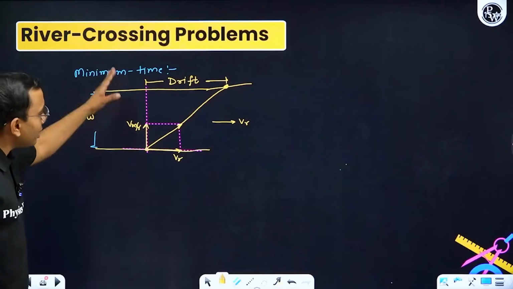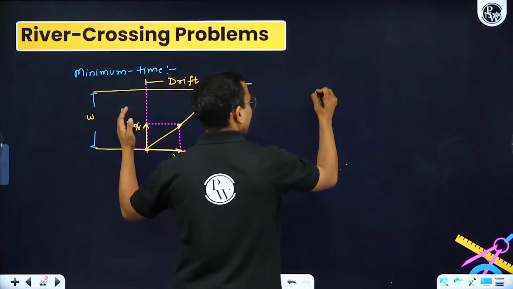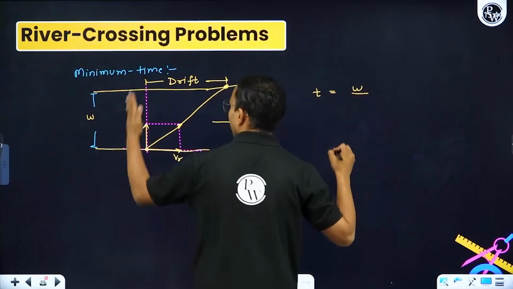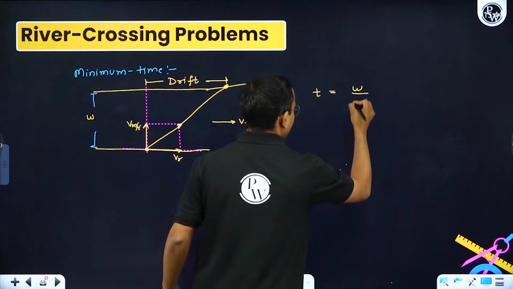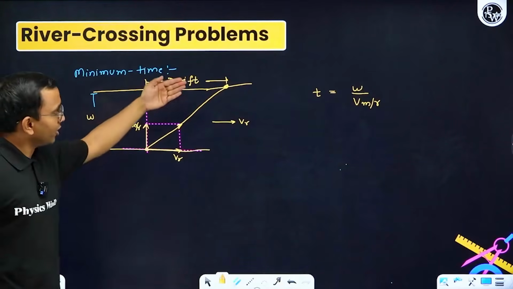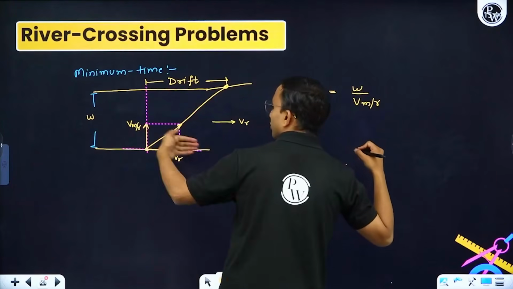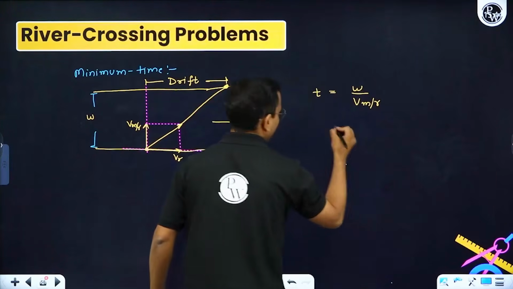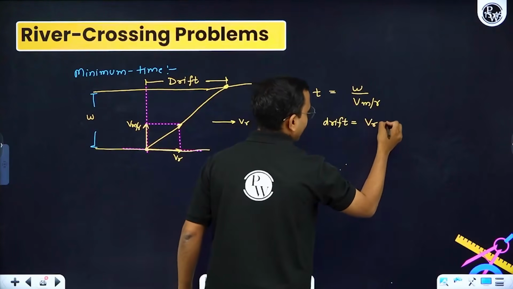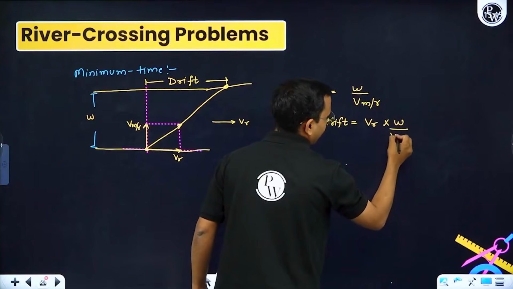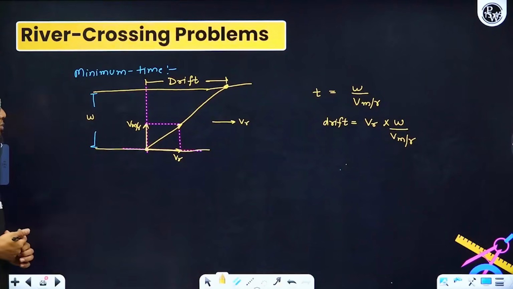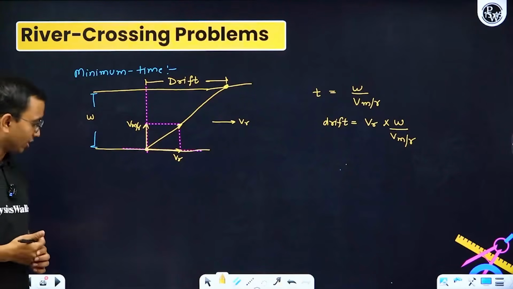How much time does it take? The time is the width of the river, the displacement along the y-axis, divided by the velocity along the y-axis. How much is the drift? In the horizontal direction the velocity is only the velocity of the river, so drift is the velocity of the river into the time. So this becomes the minimum time condition.